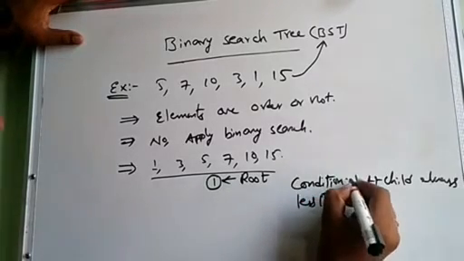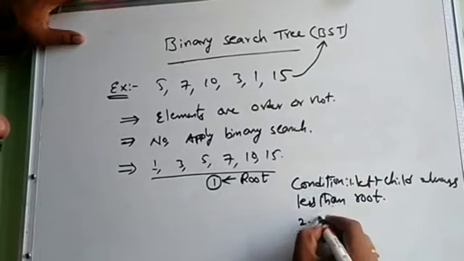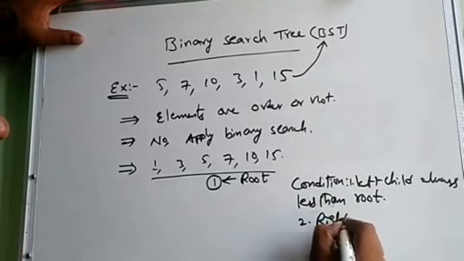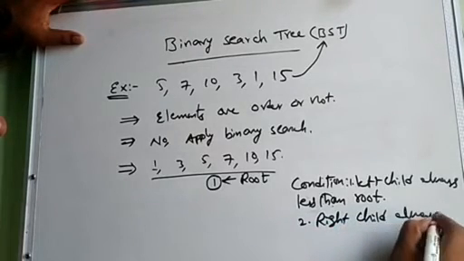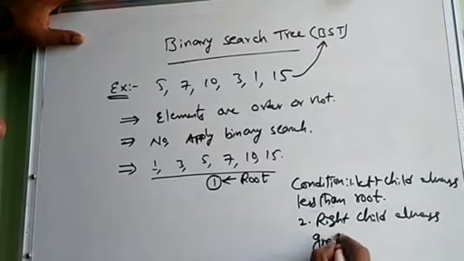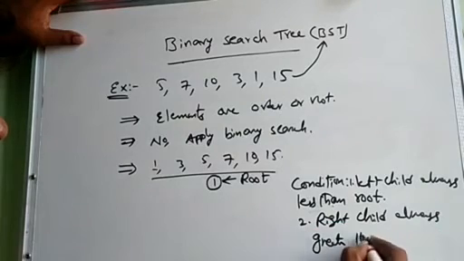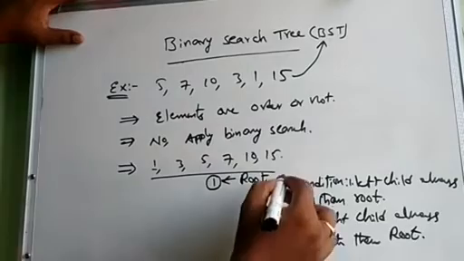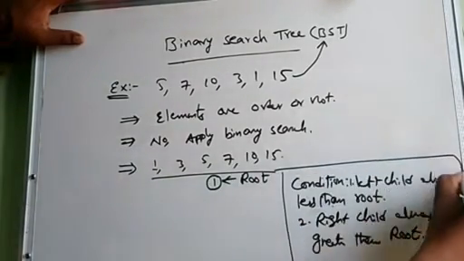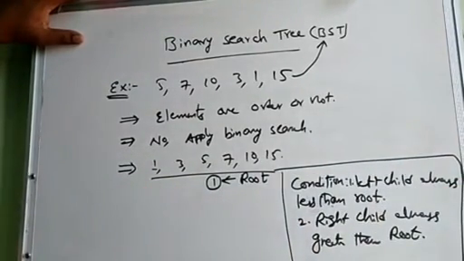Condition 2: the right child is always greater than the root.